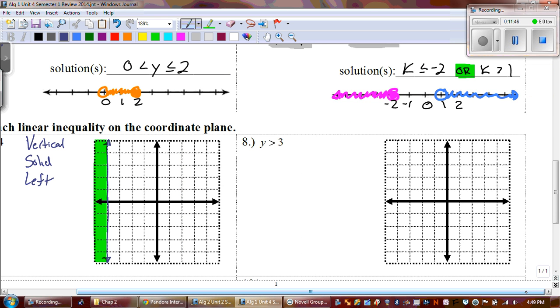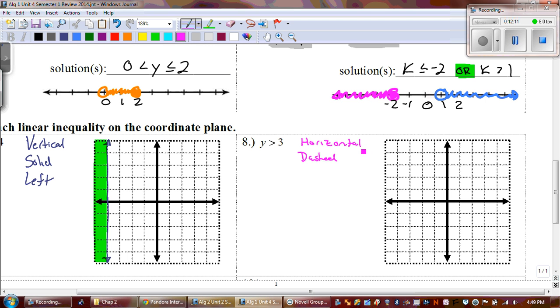Okay, now looking at 8, we already talked about the vertical. So y is a horizontal line at 3. Now is it solid or is it dashed? This is going to be a dashed line or a dotted line.